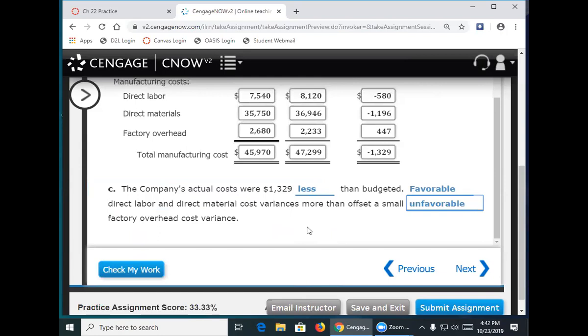So again, these reports that the accountants would run would then go to the various departments like production to find out if they could find a reason why factory overhead was higher. Were utility costs just higher this month for some reason? They would look into that. It's not a huge variance, and obviously our total costs are down, so we'd be pretty happy with that result.